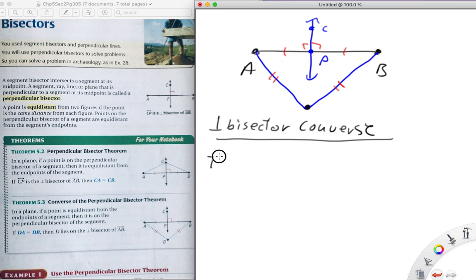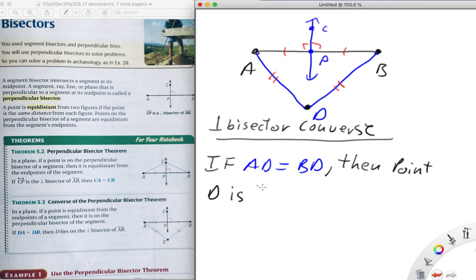If this is point D, if AD is equal to BD, then I can say that point D is on the perpendicular bisector of the segment, in this case segment AB.